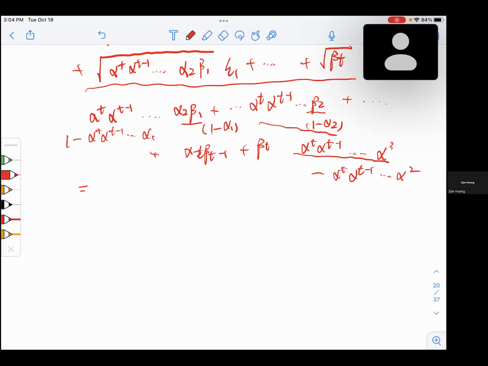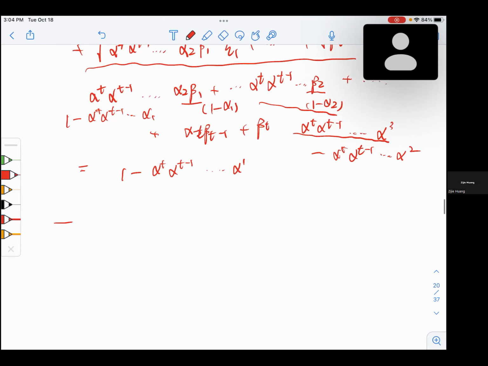After all of this summation, what we have is only 1 minus alpha t minus 1 until alpha 1. So this gives us the final representation for this CT.